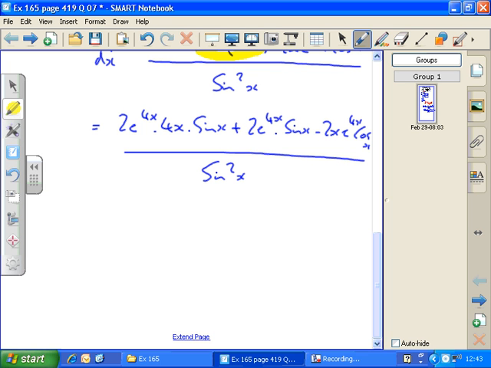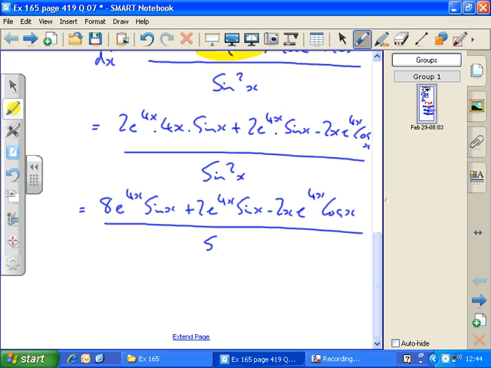I can tidy up this bit, because 2 times 4 is 8, so 8x e to the 4x sine x plus 2 e to the 4x sine x minus 2x e to the 4x cos x, all over sine squared x.